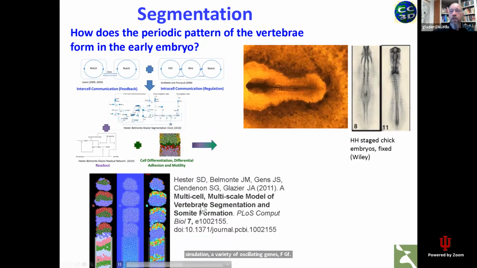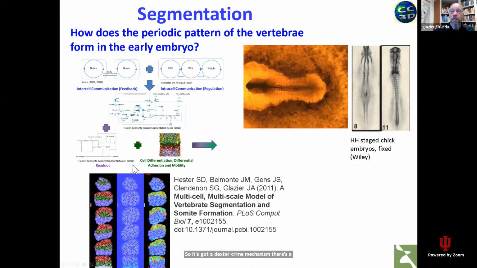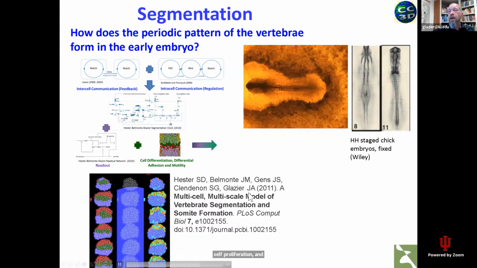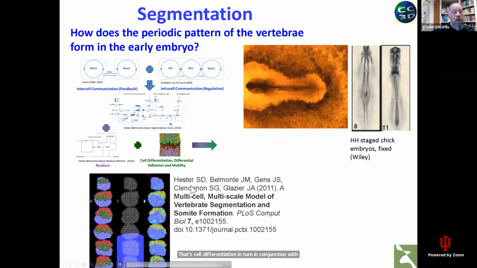Notch couples with neighboring cells, so it has a juxtacrine mechanism. There's a model of cell proliferation and also cell differentiation. That cell differentiation in turn, in conjunction with the clock, leads to particular patterns of cell adhesion molecules, both normal things like cadherins and CAMs, and heterotypic molecules like F and F1, leading to this.